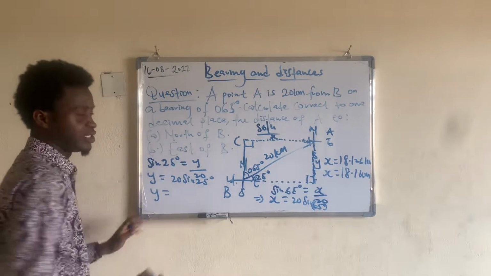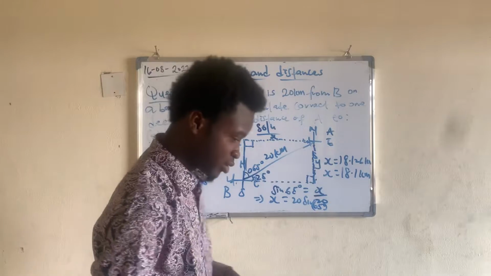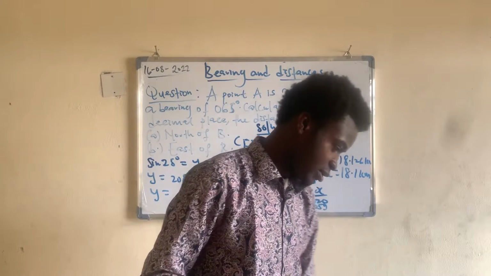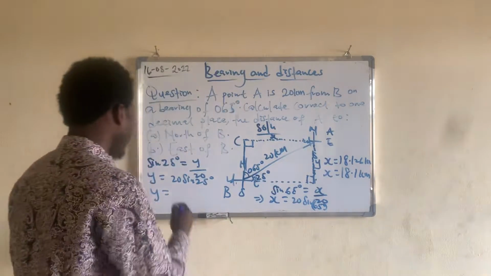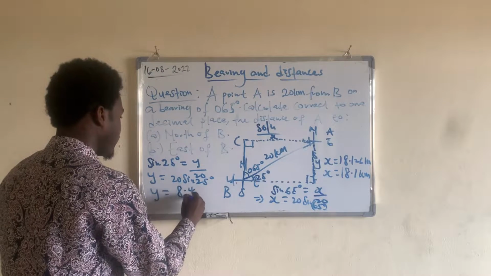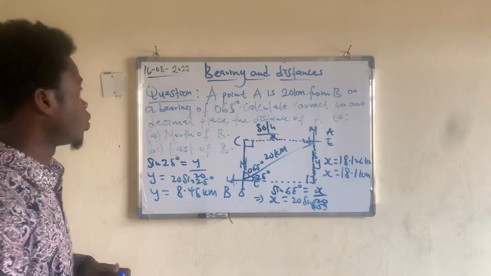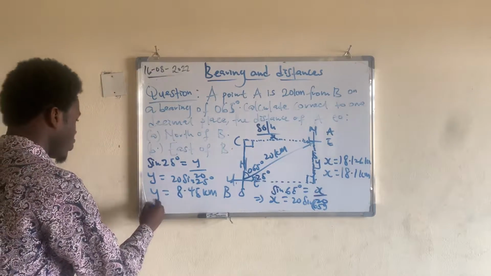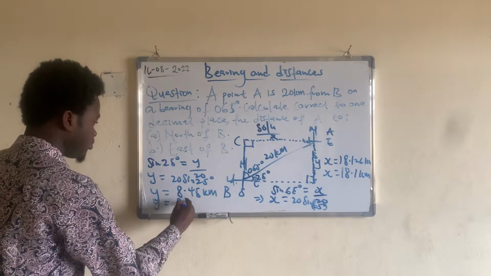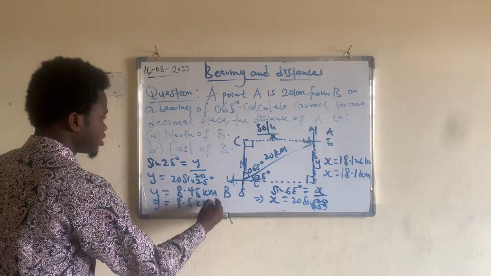If we check our calculator, that gives us 8.45 kilometers, but to one decimal place we have that Y is equal to 8.5 kilometers.